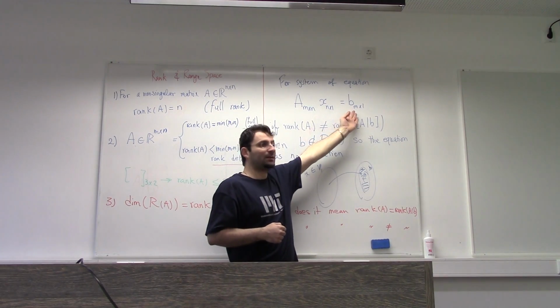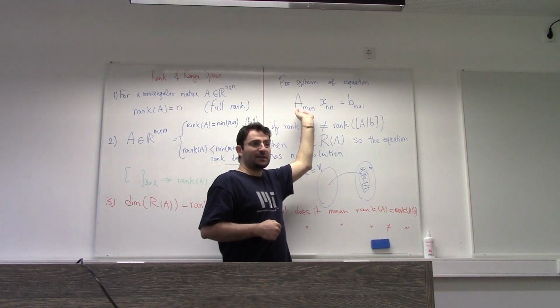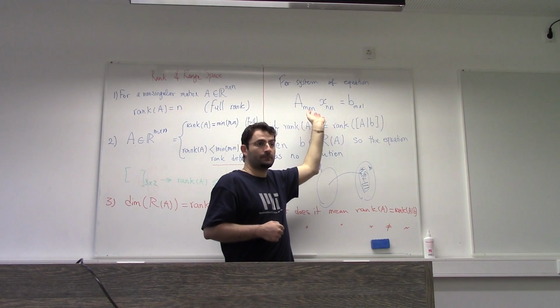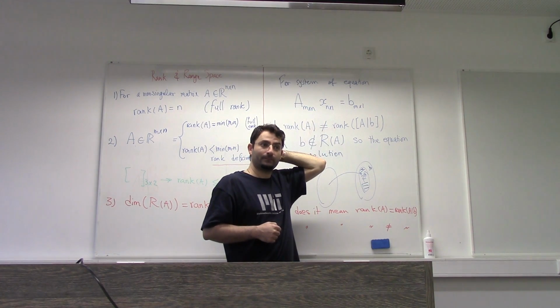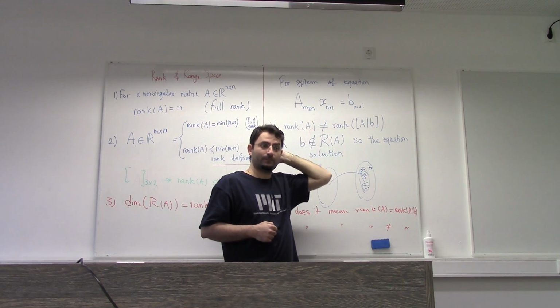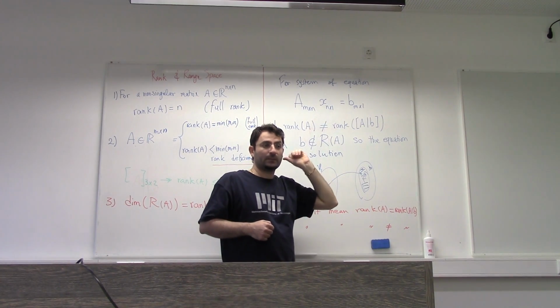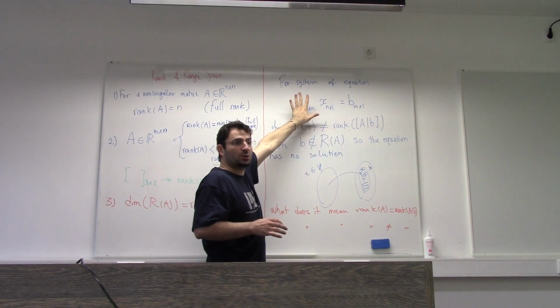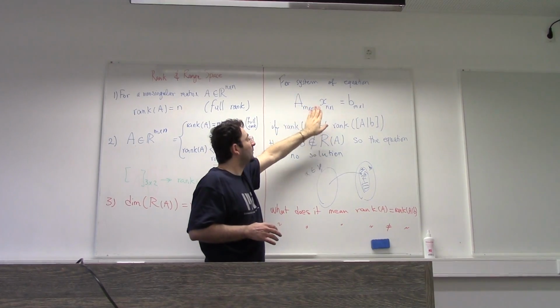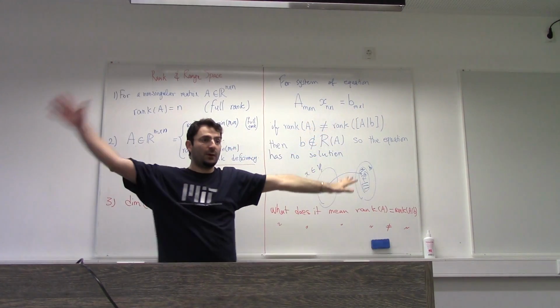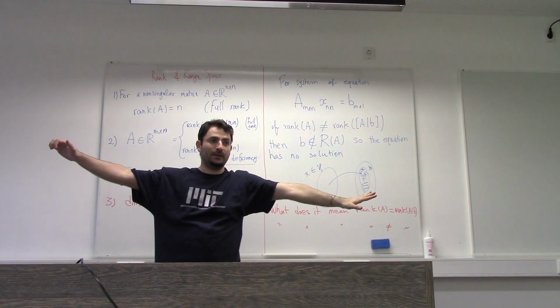So what can we say about this column and the columns of this? They probably have to be independent. No, we don't talk about the independence in A. I'm saying, what can we say about b and all the columns of A?